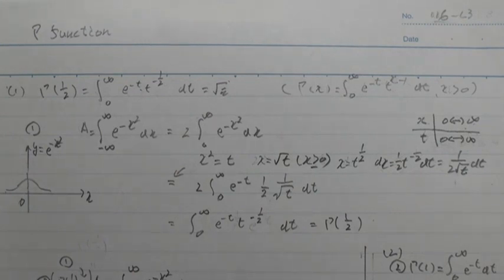Y equals e^(-x^2); this graph is symmetric about the y-axis, so the area is twice the half.